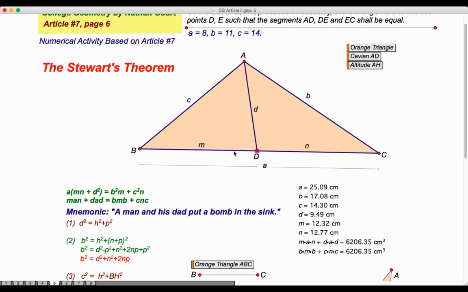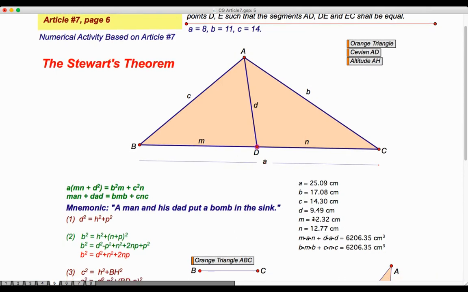Let's verify that one. A in this case is 25.09, b is 17.08, c is 14.3. The cevian is 9.49, and then segment a is divided into segment m and segment n, where m is 12.32 and n is 12.77.